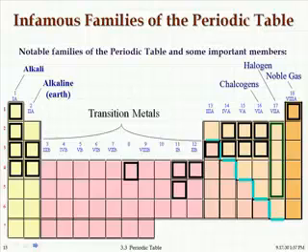Here are our notable families. The first group is the alkali metals. And then the second group is alkaline earth metals. Then we have our transition metals in the middle. And the other ones I wanted you to be familiar with are halogens and noble gases.